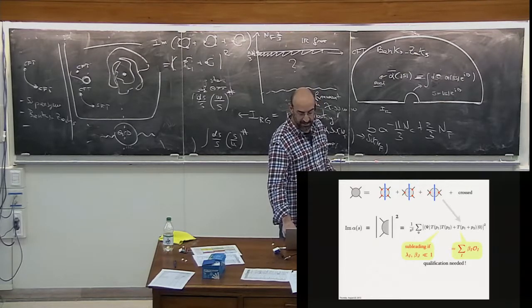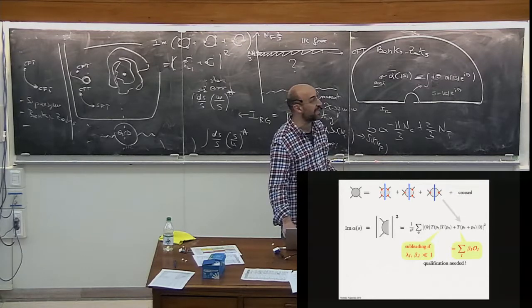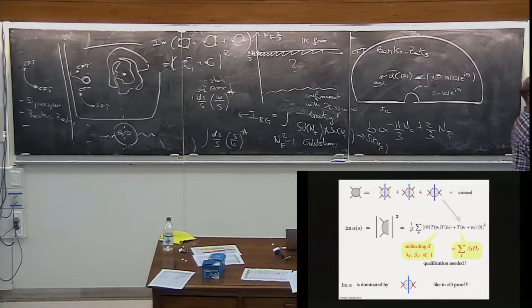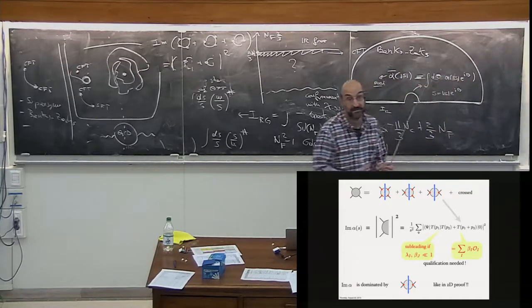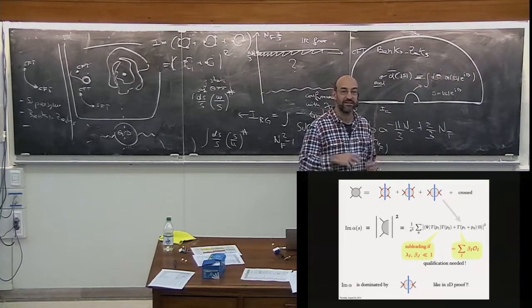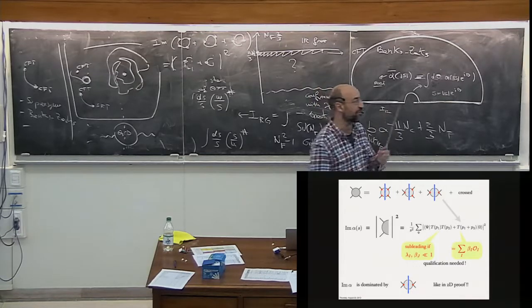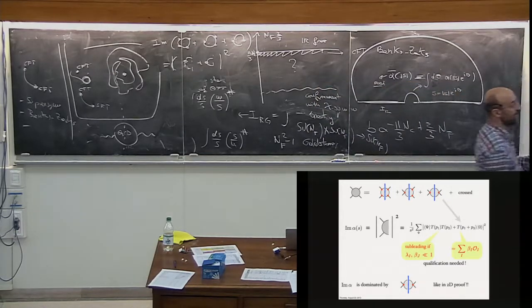So at leading order, under the assumption that the flow is near a fixed point, you can neglect the quadratic term, and the imaginary part is dominated by this. By the very assumption of perturbativity, this cannot undo the effects of that, okay? Otherwise, you would be non-perturbative. So if you assume that you are sitting near a conformal fixed point, which means that you can treat the deformation perturbatively, you can neglect this in the eye of that.